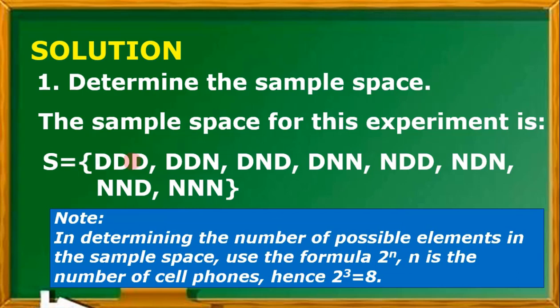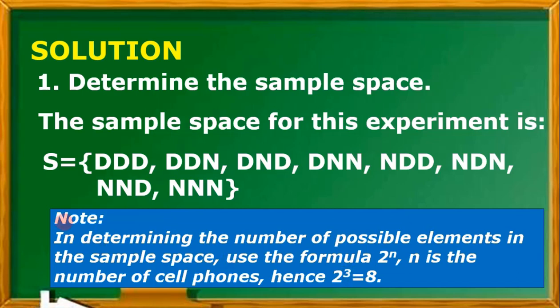So there are 2 possibilities. Why 3? Because there are 3 cell phones. So 2 raised to 3 is 8. As you can see, these are the 8 elements in the sample space. How did we get this 8? It's 2 raised to 3.